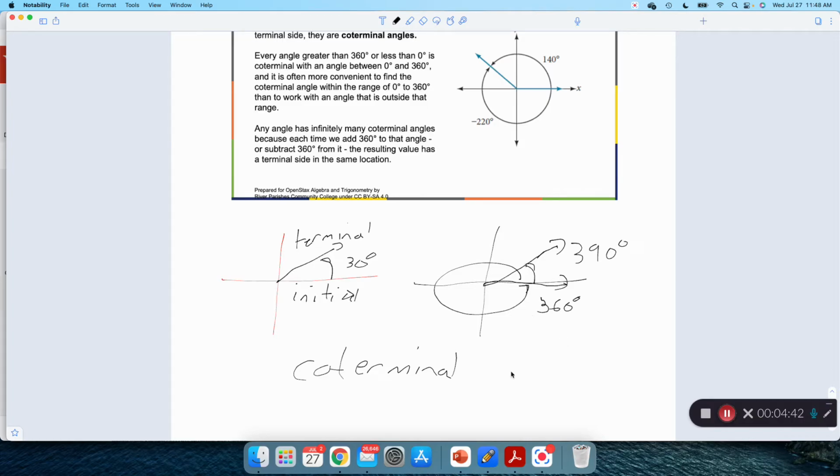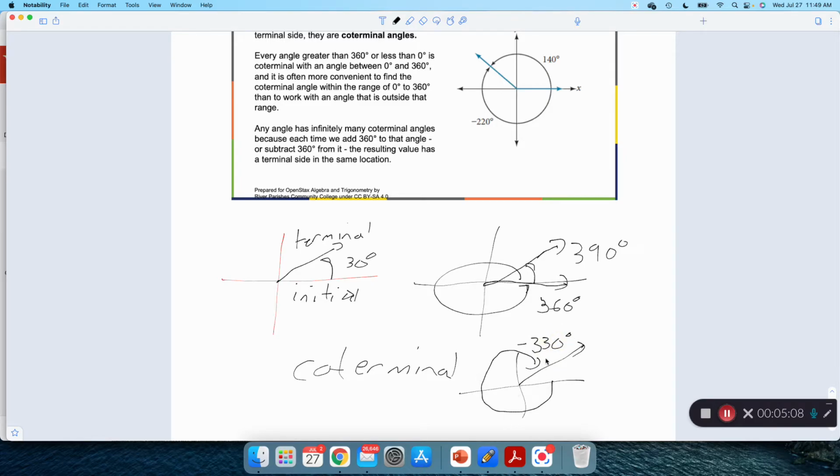We could also, instead of rotating in a positive direction, have rotated around in a negative direction. So if it's 360 all the way around, I didn't go quite negative 360, I was 30 degrees short, so this would be negative 330 degrees.